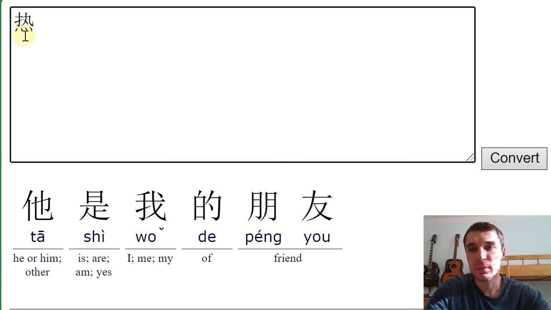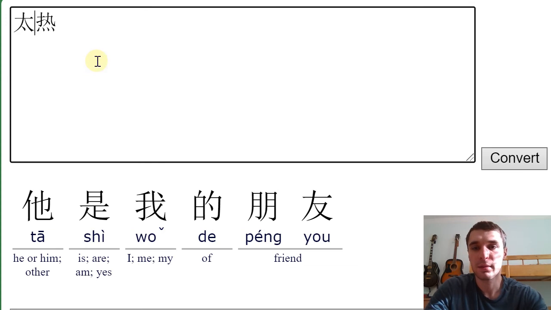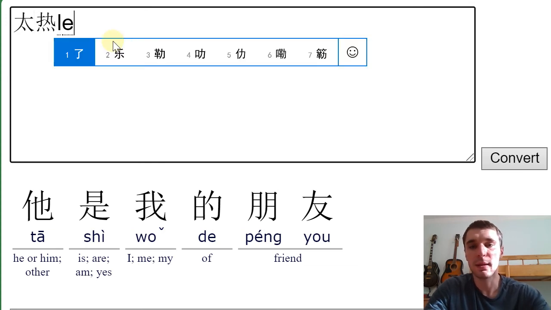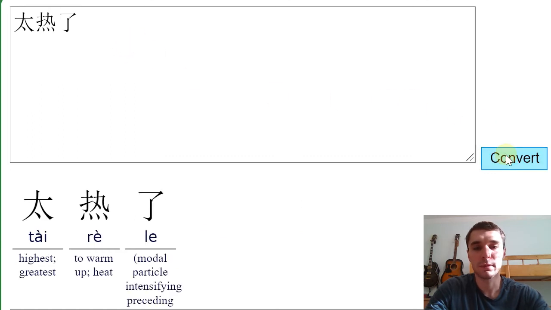These 4 dots mean fire. So fire and hot, they have similar meaning, right? Okay, so how do we use that structure? We have to say 太热了, too hot. It's too hot.